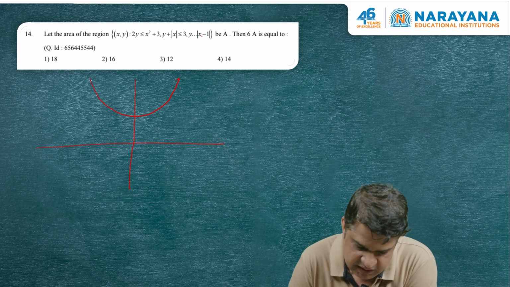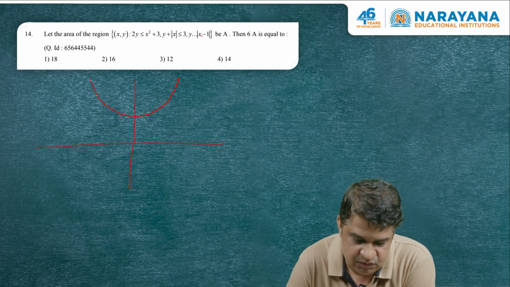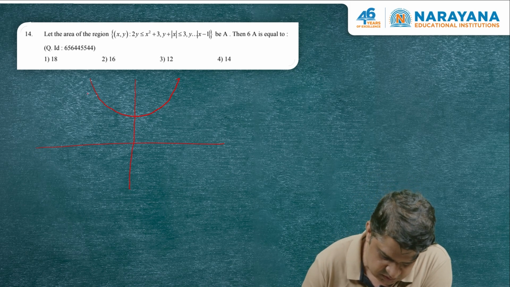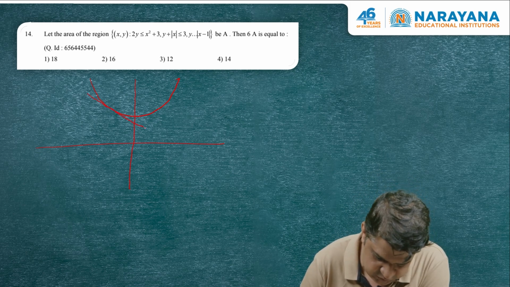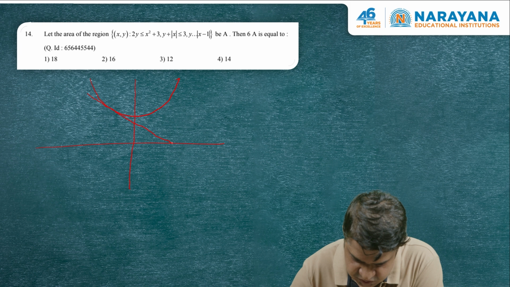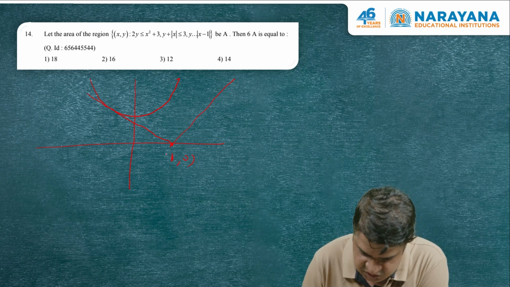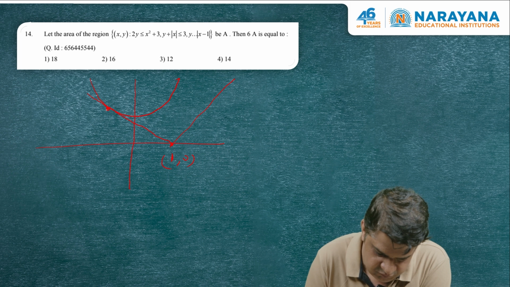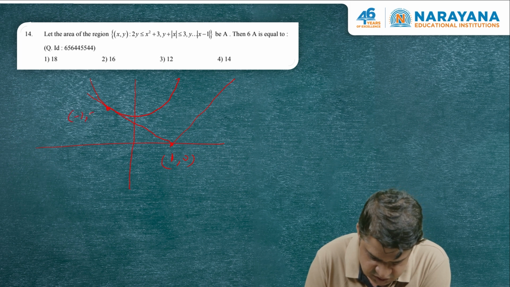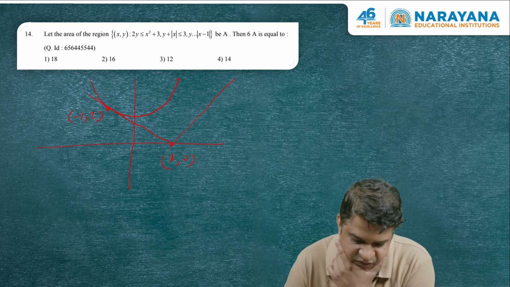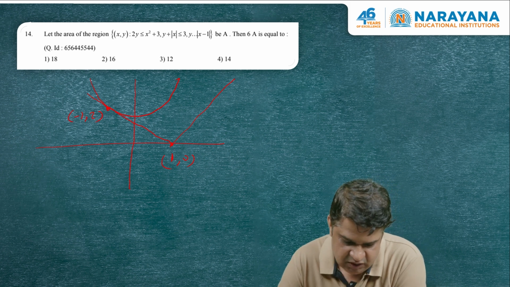Then there is a line y equal to mod of x minus 1. That line y equal to mod of x minus 1 will touch this parabola at a point and go something like this. So, this point is basically 1 comma 0, and this point of contact is basically minus 1 comma 2. Now, we have one more graph, that is y plus mod x equal to 3.